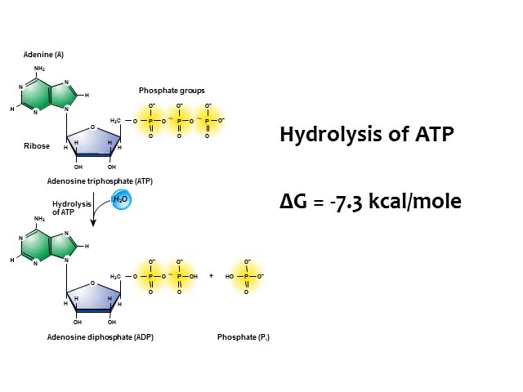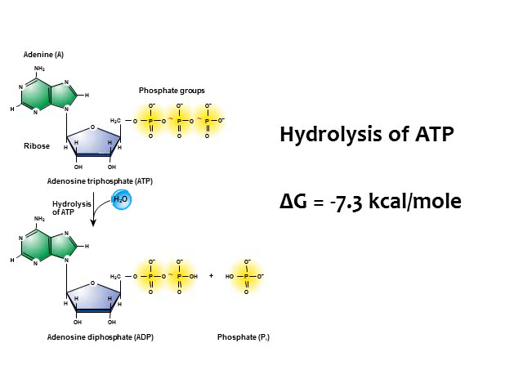So hydrolysis of ATP just means that we're going to add water to our ATP, and that causes one of our 3 phosphates to break off. And then in addition, we get a change in free energy of negative 7.3. Remember, if it's a negative number, that means that this reaction is going to release energy.